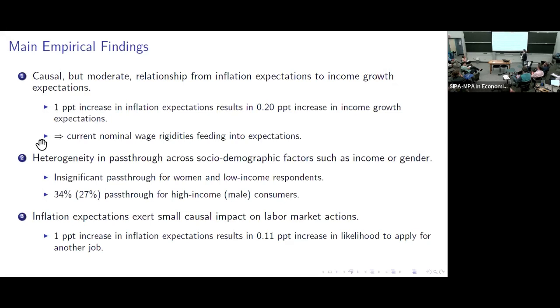And in fact, the only significant effect that we're going to find is that increases in inflation expectations happening exogenously will result in very small increases in the likelihood that our consumers apply for another job. Important to note here is that we find no effects on their likelihood to ask for a raise from their current employer or work longer hours. And the former is still reinforcing for us the idea that people are facing quite a bit of nominal wage rigidity that eventually feeds into their projections on the relationship between inflation and income growth in the future.